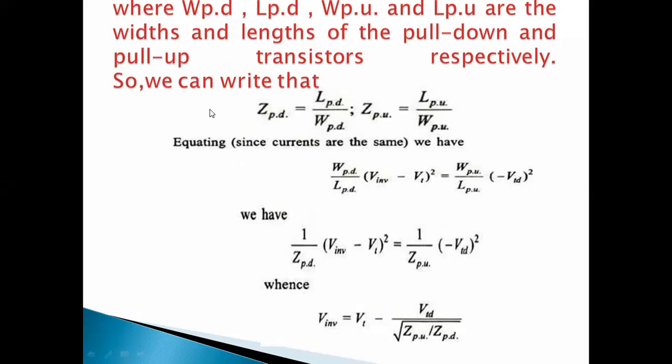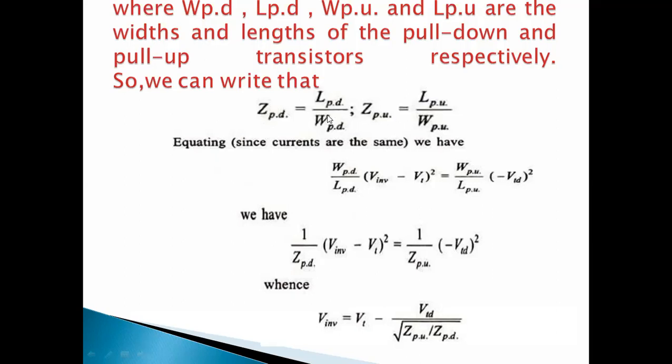So we can rewrite this: LPD divided by WPD equal to ZPD. Here Z is the impedance, a constant term. We are assuming that ZPD equals LPD divided by WPD and ZPU equals LPU divided by WPU.